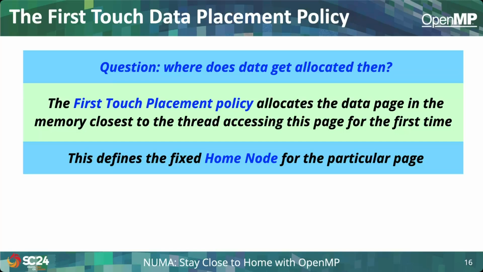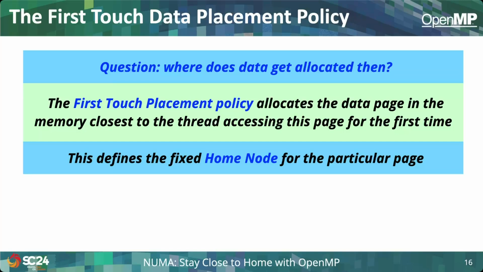Those are called pages. And what it will do with first touch, it will allocate the data page in the memory closest to the thread accessing this page for the first time. As suggested by the name, the thread that does something with the data for the first time will own it. And that will determine what we call the home node.